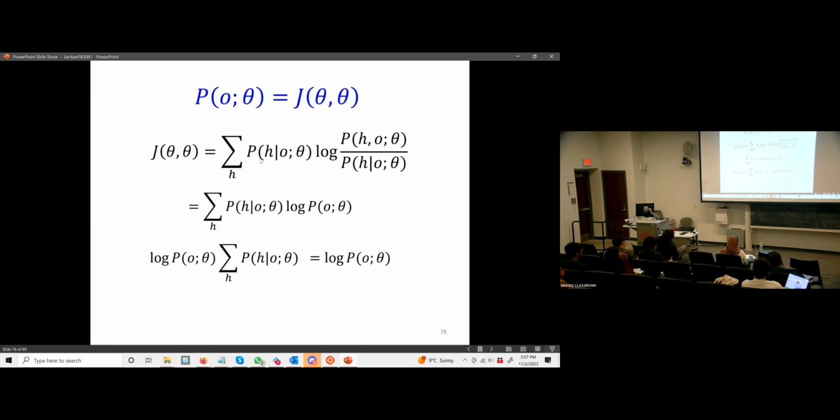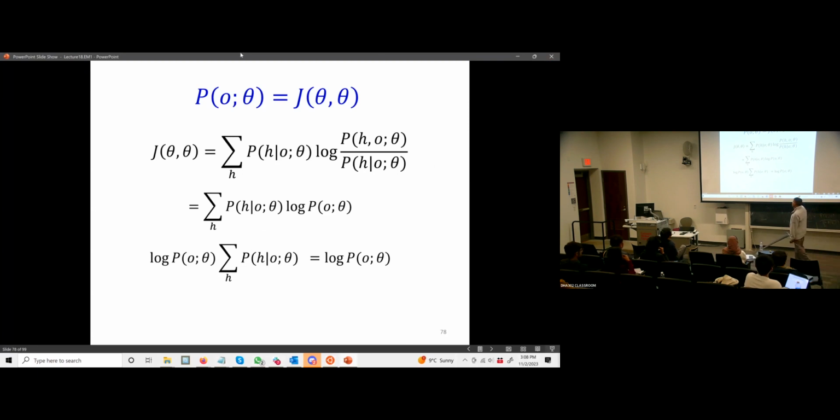Because P of H comma O is P of H given O times P of O. So this within the log simply becomes log of P of O. This is not a function of H, so I can pull it out of the summation. So all that remains inside the summation is summation over H of P of H given O. I'm summing a probability distribution over all values of the variable. The summation simply becomes a 1, and so as a result, this simply becomes log of P of O.